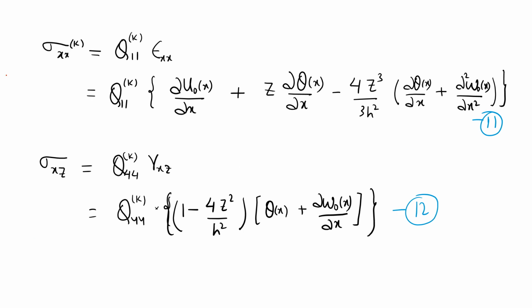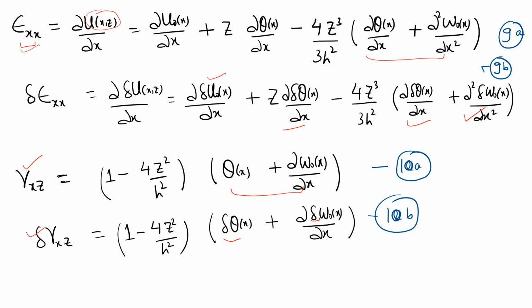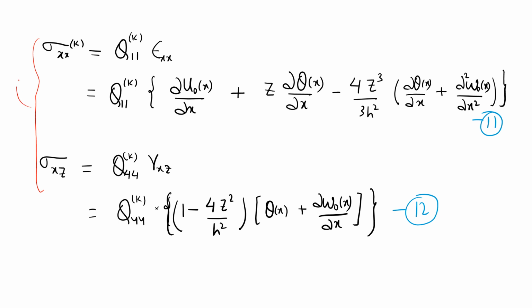Now we will get the stress. Before this we have the strain part. So we got the strain displacement relations. And now we have the stress strain relations, using the constitutive equations.